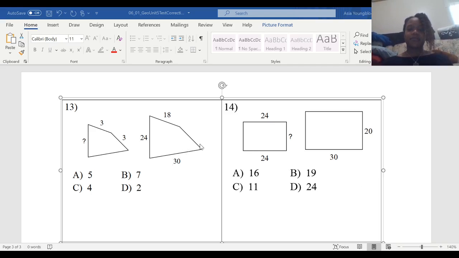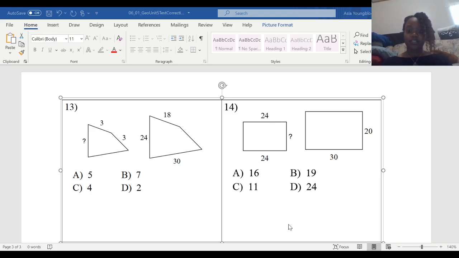In this next pair of problems, we are still building off of this idea of similar polygons. So we're still looking at shapes that are scaled up or scaled down by the same amount by using either multiplication or division. For number 13 specifically, we need to figure out, if this polygon was scaled down to this polygon, what does this new side length need to be?